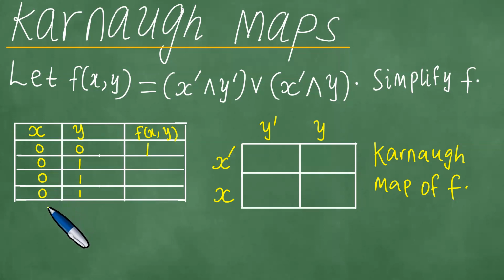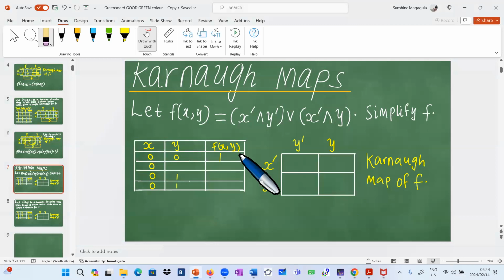And this one must be, so it's 0, 0, 0, 1, 1, 0, 1, 1. Okay, so this one must be 1, 0. Okay, good. So this one is 0, 0, 0, 1. And this one must be 1, 0, 1, 1.